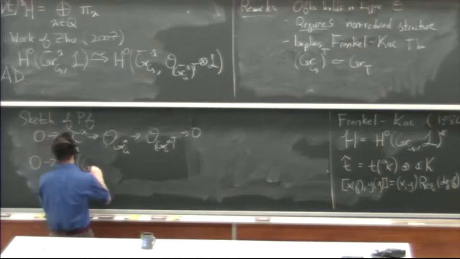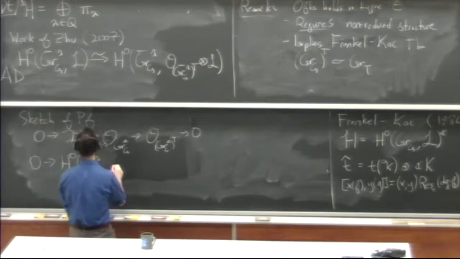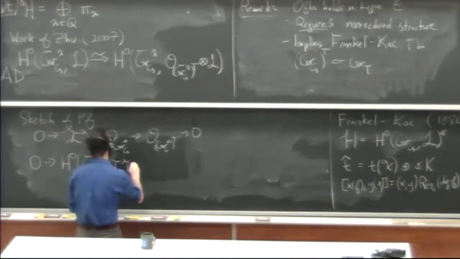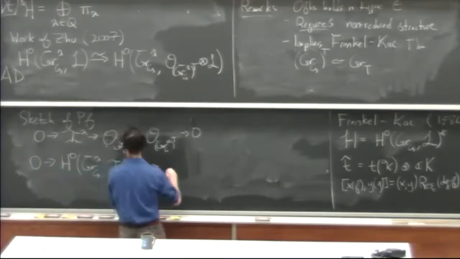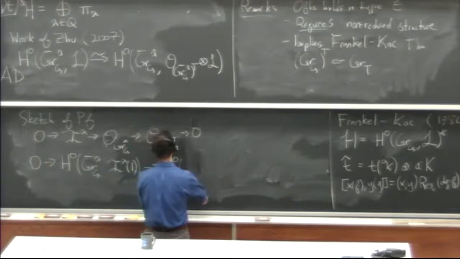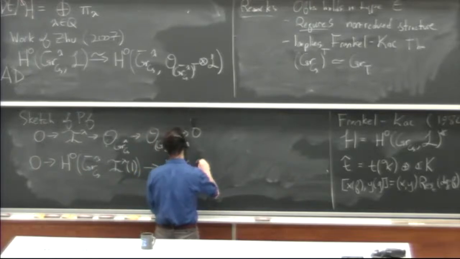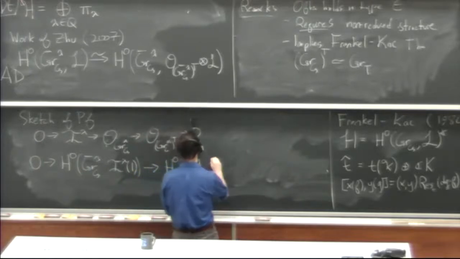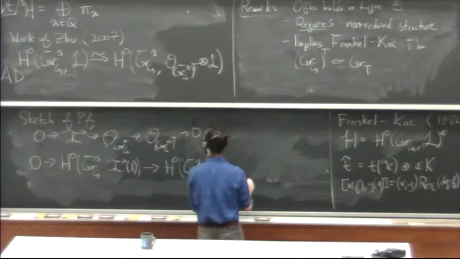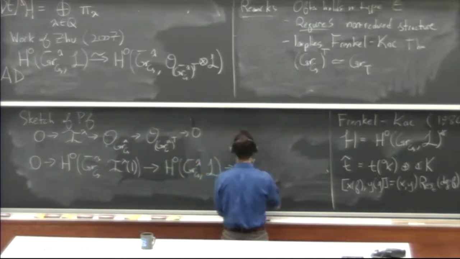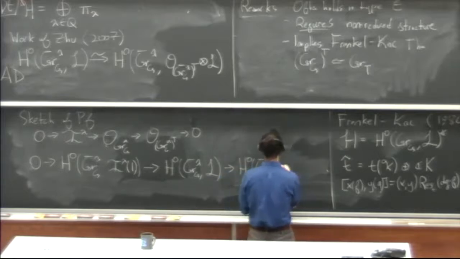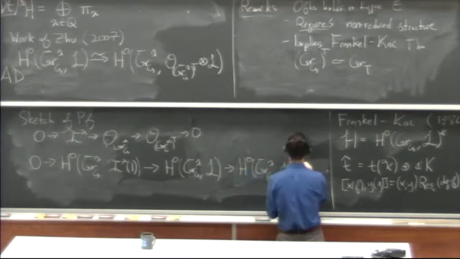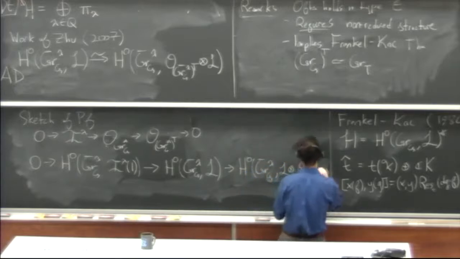So we'll have global sections on the affine Schubert variety of I lambda twisted by 1. So this 1 means twisting by the ample generator, into global sections on the affine Schubert variety associated to lambda of L, the ample generator, mapping to global sections of L tensored with the structure sheaf of the T-fixed subscheme.